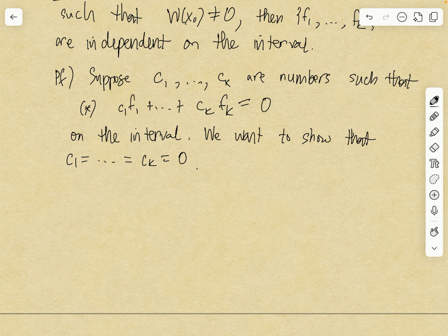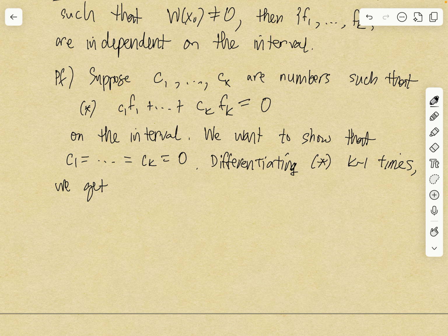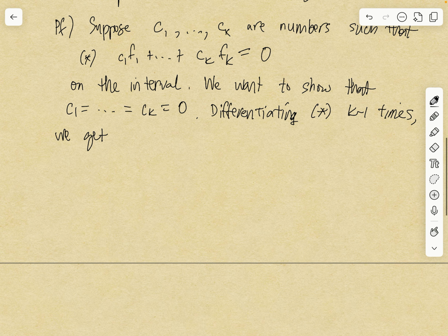All right, now we differentiate. We have these functions that we can differentiate k minus 1 times. So differentiating the equation star k minus 1 times, in other words, we take the derivative of each side k minus 1 times, we get, first of all, c1 f1 of x plus dot dot dot plus ck fk of x equals 0.